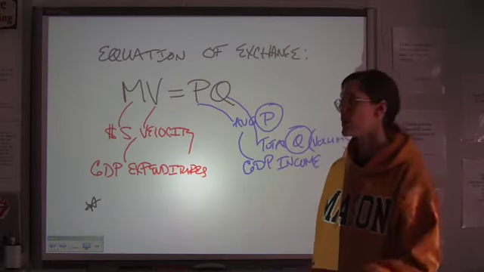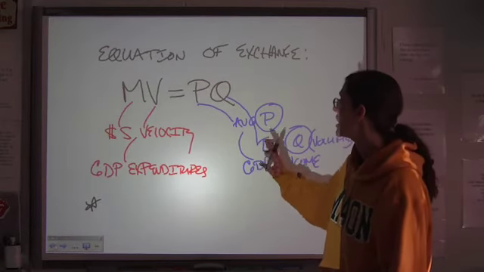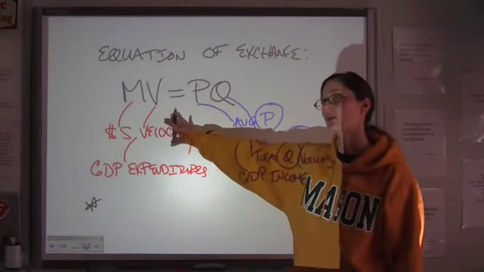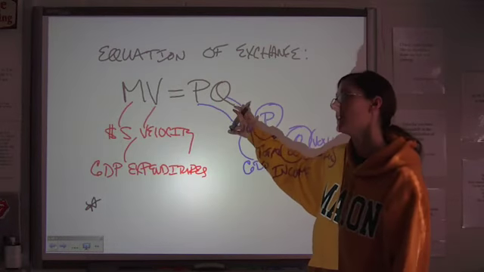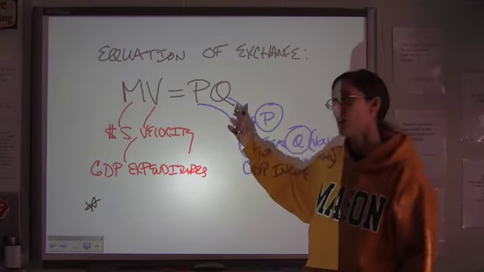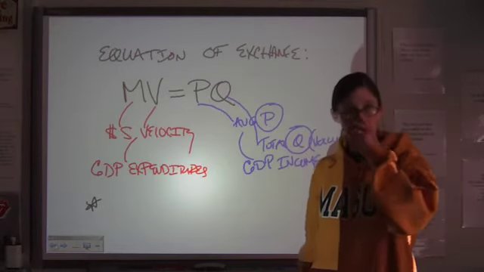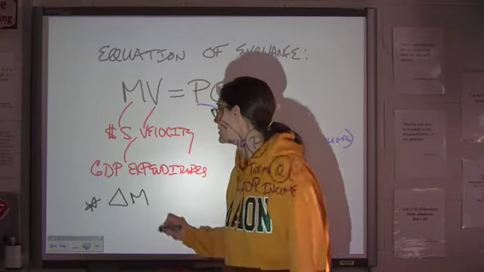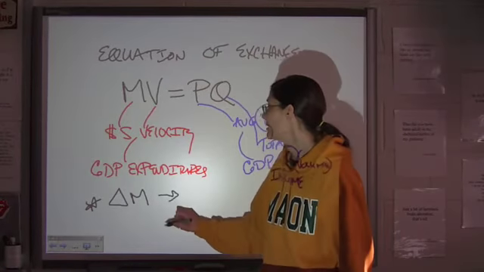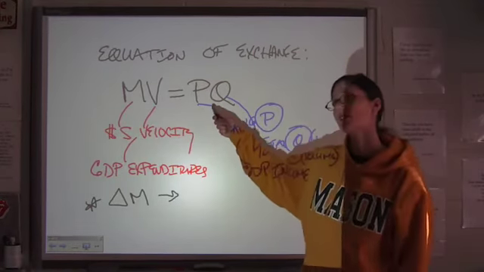One other thing that I wanted to point out with the equation of exchange: if velocity is pretty stable and the quantity that's bought and sold is going to depend on price, what we have to look at is that changes in M are going to impact the prices.